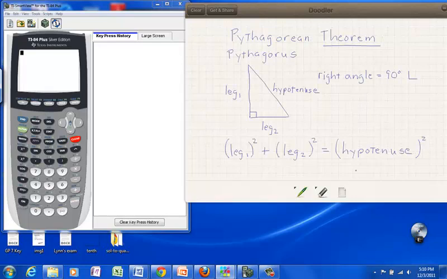And this will always work, that if you take the square of one of the legs plus the square of the other leg, it will always equal the square of the hypotenuse.